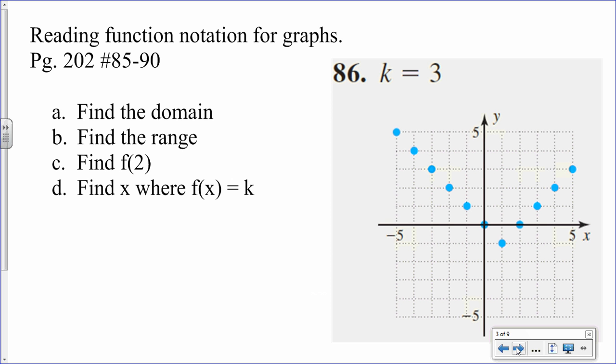All right. Then the other part of this section is reading graphs. So being able to interpret the graphs. Domain and range, and then picking out certain values.